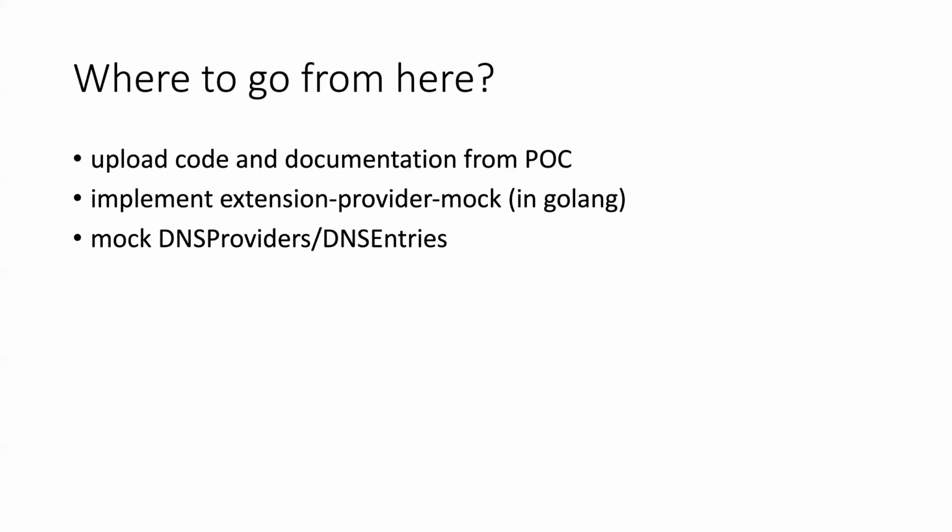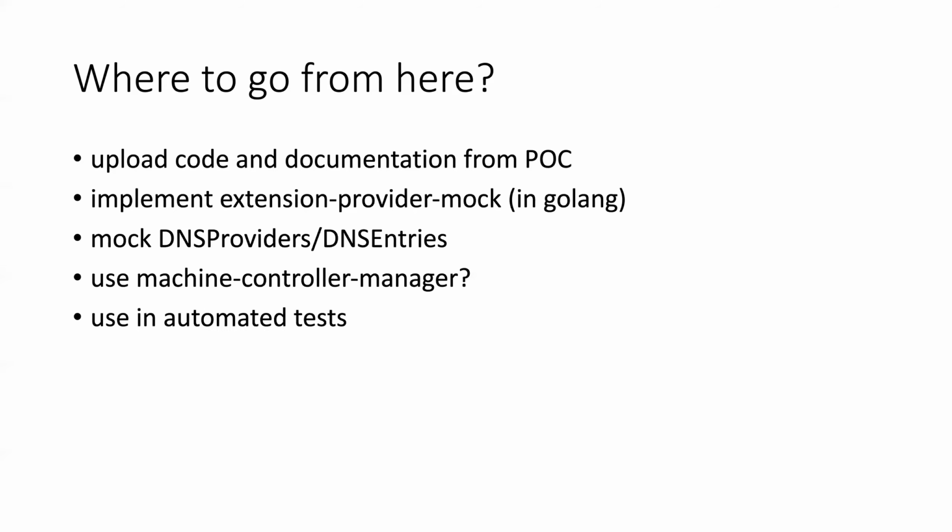Then you could also mock the DNS providers and entries. You could also use Machine Controller Manager and include the provider in there to do basically an end-to-end test scenario with the mock provider. And then we basically want to use that in our automated Gardener tests.